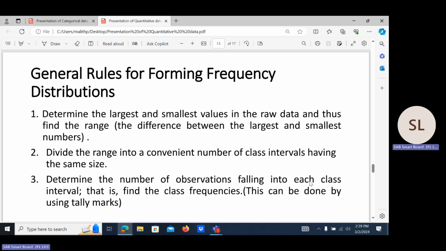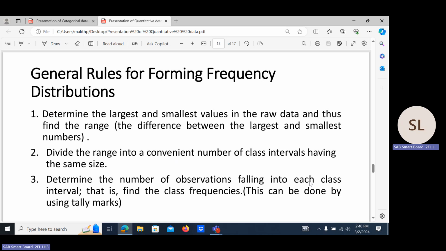Range divided by the number of class intervals is called the size of the class interval. How to calculate now? 20 divided by 5. Understood? Then what is the size of the class interval? The smallest value is 30, the highest is 50, and the width of a class, or size of the class, is 4. Now you can construct the grouped frequency distribution.